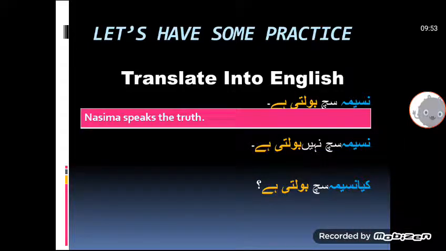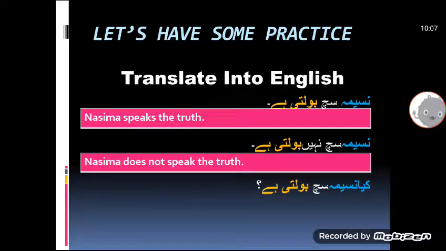Nasima speaks the truth. Now Nasima here is a singular noun, so that's why we have used s with the speak. Clear? Speaks the truth. Nasima does not speak the truth. Now you can see does not. Why? Because of singular noun.